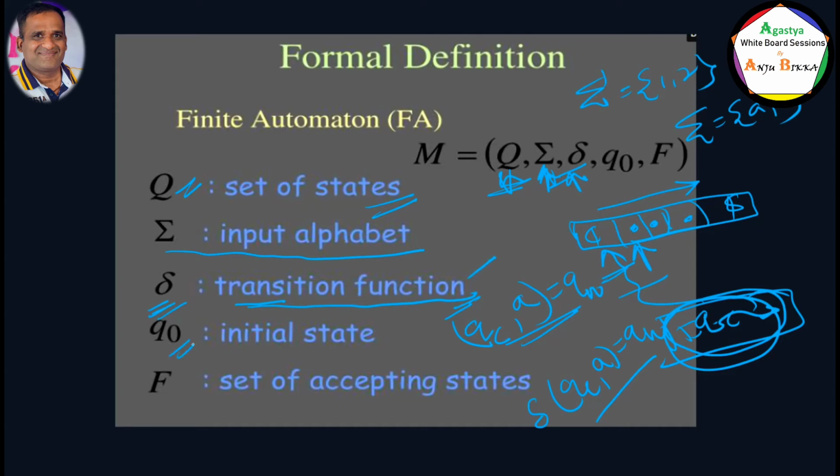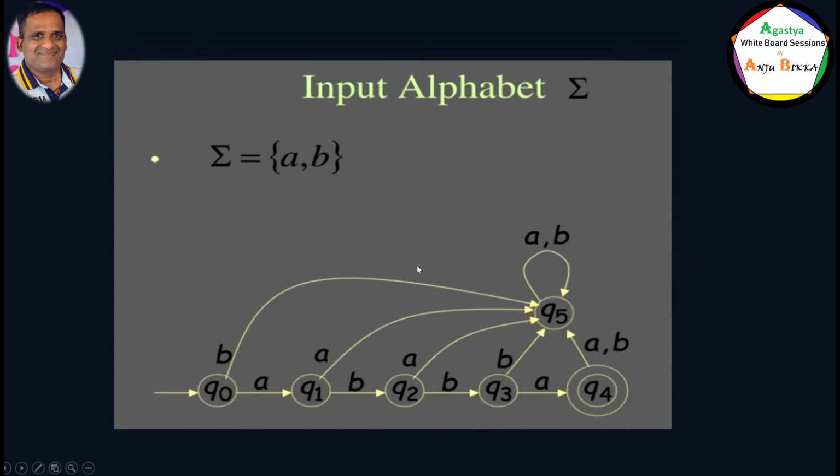Then the initial state. Before reading any input, it starts with one state, that is called the initial state, for which we use Q0 as the notation. Then F is the set of all final or accepting states. Now in this example, we can see our formal notation M. When we denote M using a 5-tuple, this is important, 5-tuple.